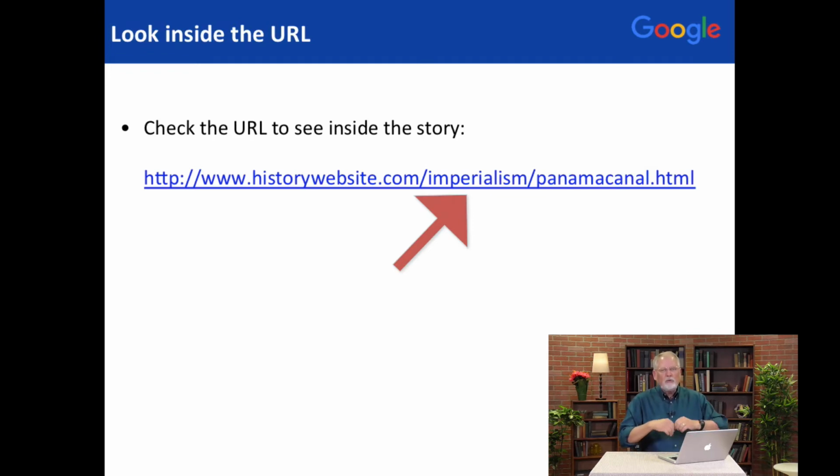Big point: use all the resources available to you, including those embedded in the URL. Consider looking at the top level of this website, so just the part that's www.historywebsite.com. Often you can understand their perspective or their point of view just by looking at the top level page or the about page on that website.